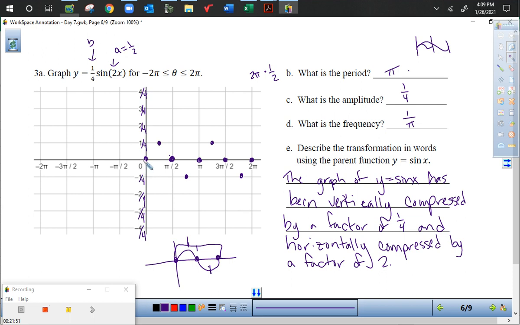On this side, I know I have to go down. When I'm going down here, I'm using the guidance of my zeros. So again, 0 at -pi, 0 halfway in between, but I know in between that I have to go down. Then on this side I must go up, and then I'm going to continue that pattern.